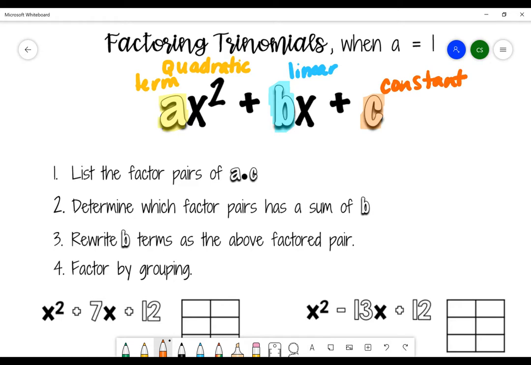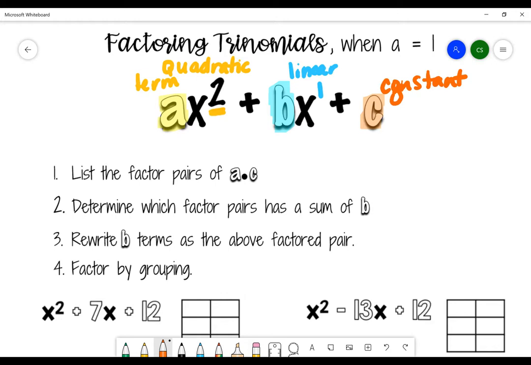So a is the coefficient to my quadratic term, and it is a quadratic term because it has an exponent of 2. B is the coefficient to my linear term because it has an exponent of 1. And c is my constant because it doesn't have a variable. So this is important for what we're about to learn.